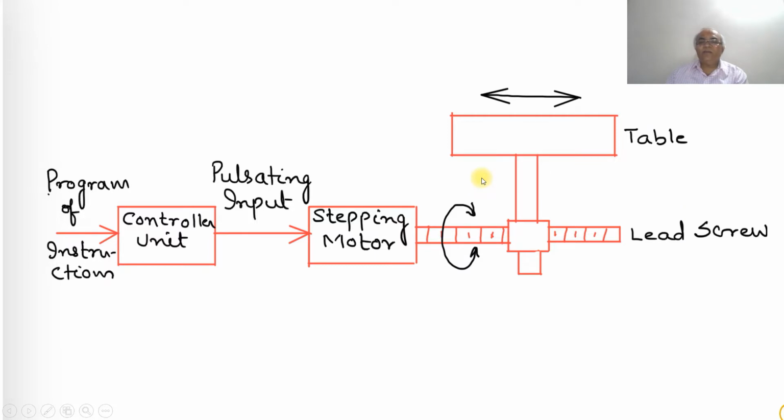It is just like when you want to pump water from a tank, you need a motor. Similarly here we need a driving mechanism able to move the table. That is possible by using a stepping motor.